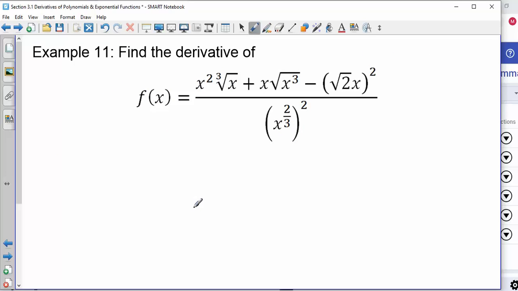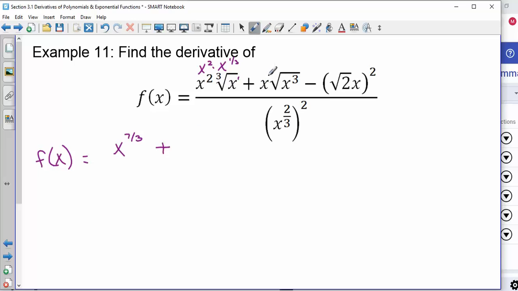Let's simplify this mess first. Okay. Let's go term by term. This is like an x squared times an x to the 1/3. When you're multiplying those x's, what do you do with their exponents? Add them. So 2 plus 1/3 would be x to the 7/3.